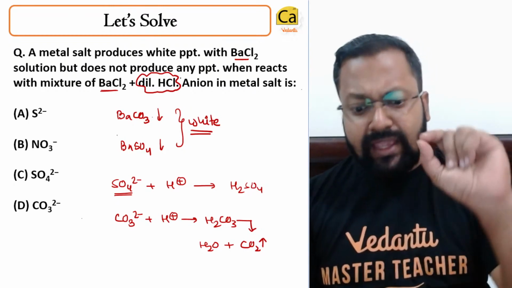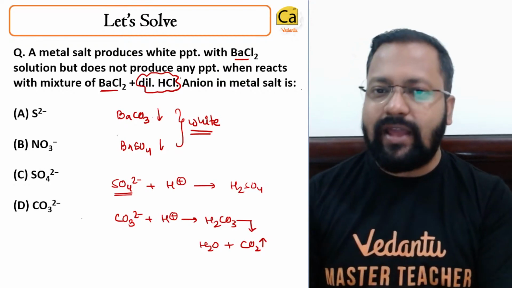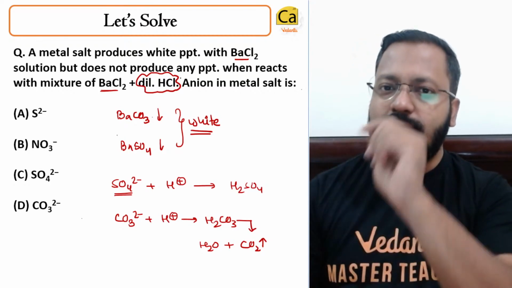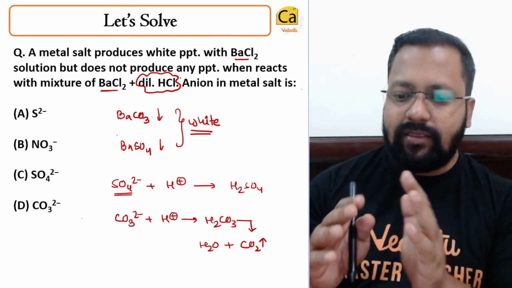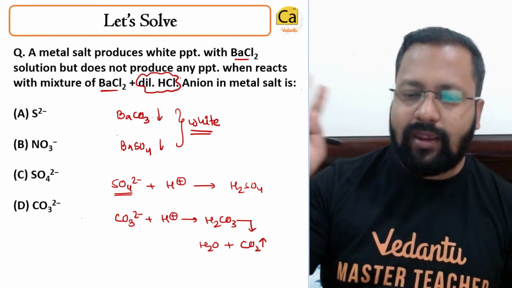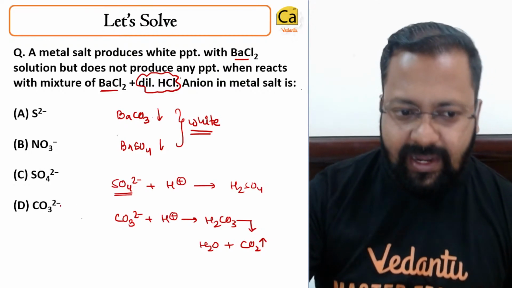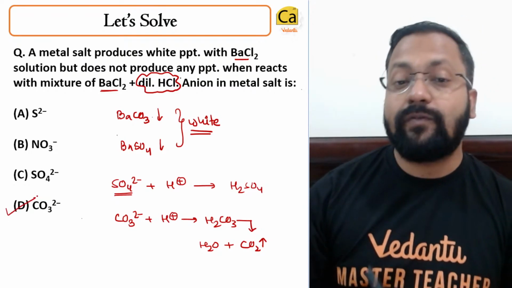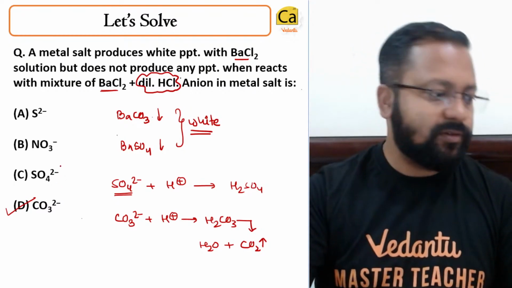However, if dilute HCl is present in the medium, then the carbonate salt will react with dilute HCl, will form H2CO3 and get liberated, and it will decompose to give CO2. And since CO2 goes away, adding BaCl2 will have no effect. The right answer will be D. Most of the students will get confused and they will mark C, which is wrong.